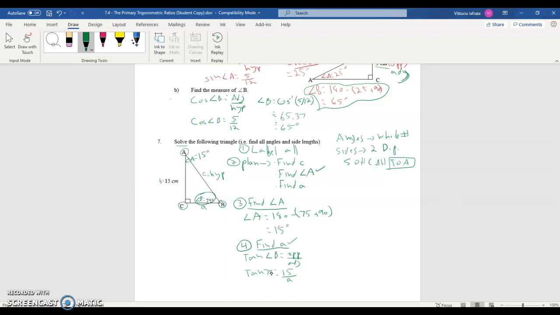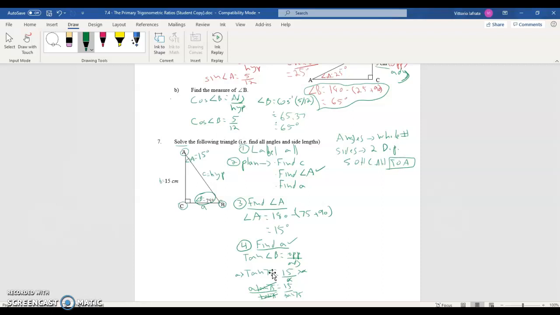Now we can solve for it by multiplying both sides by A. Cross that out, we get A tan 75 is equal to 15. And now we can divide both sides by tan 75 to solve for A, to get A alone.